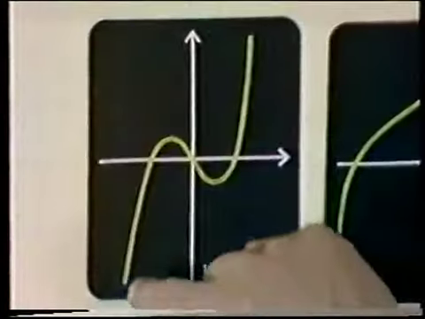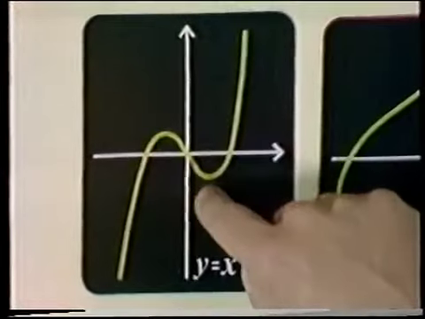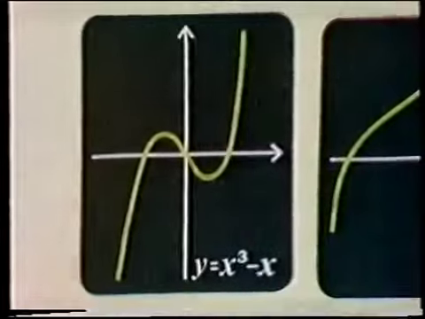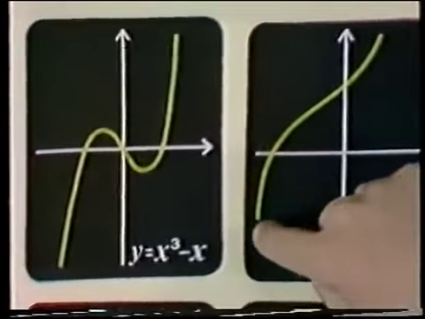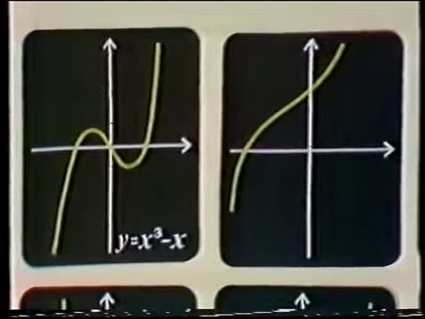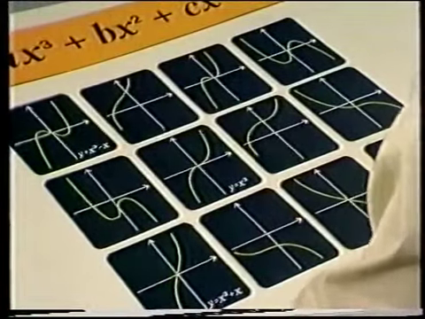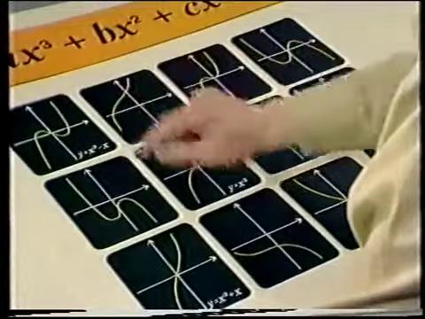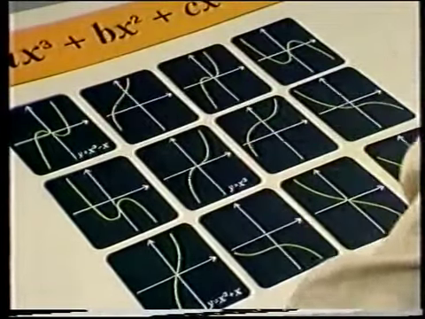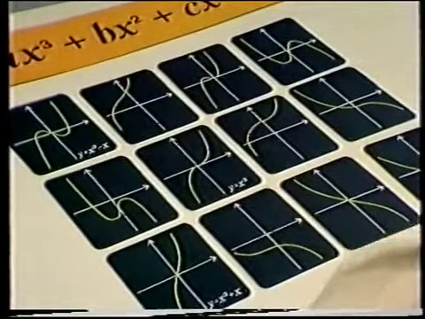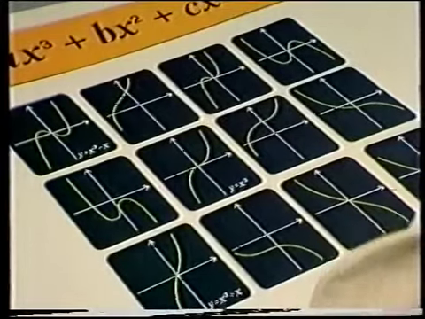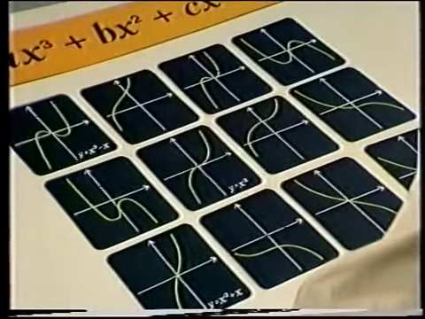Some of them are increasing to a peak like this one, decreasing to a trough, and then increasing again, whereas this one is increasing all the time. Well, one thing we can say is that they all cross the x-axis at least once. This crosses it once only, and others cross it more than once. Well, the question is, given a cubic equation, what can we say about its shape?